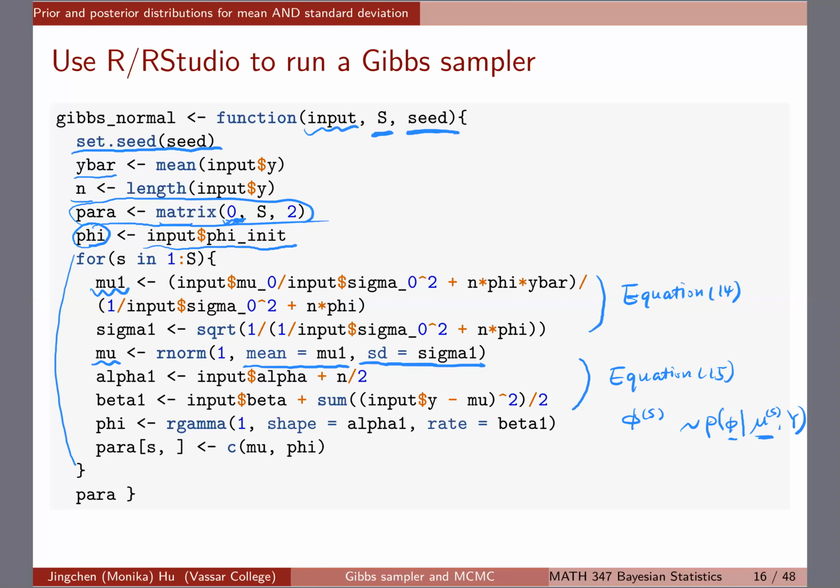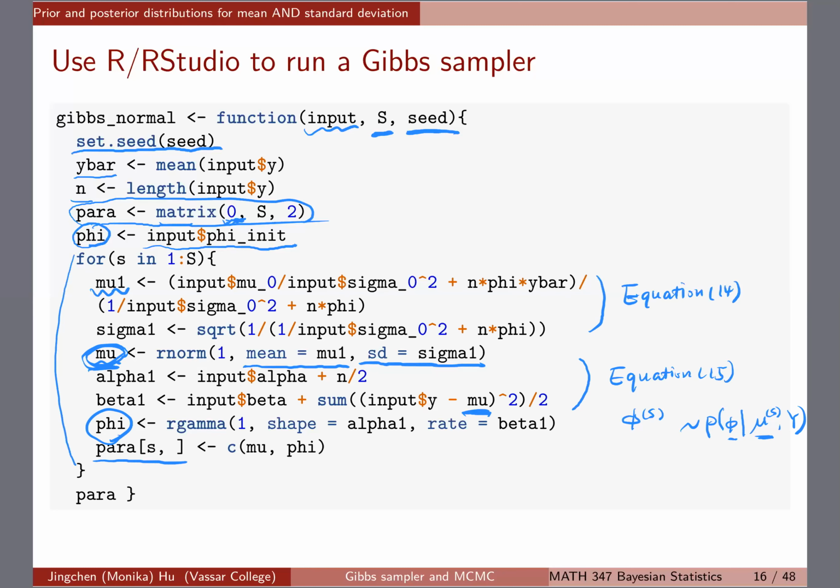So that's why you see why we want to generate mu and save it here, because immediately we will have to use this to compute the two parameters in equation 15. So you do that, and then you generate a phi. So you get your mu, you get your phi, you save them into the para matrix that we initialized in the beginning, and then once you have done with the entire function, you'll be able to get an output.